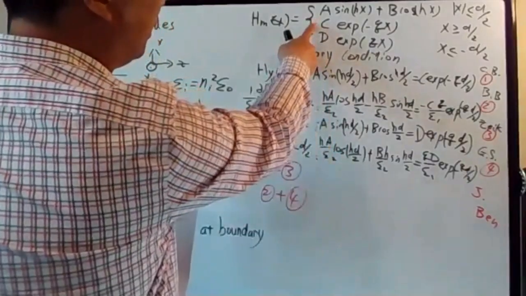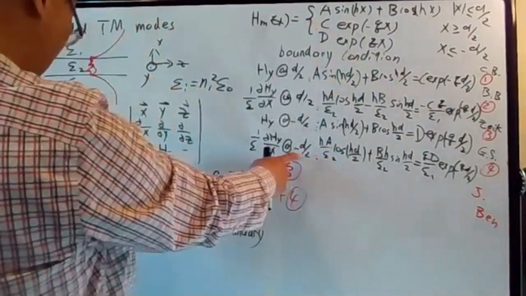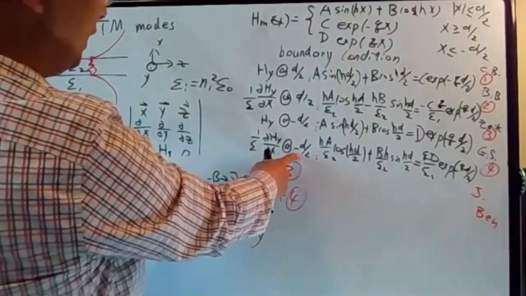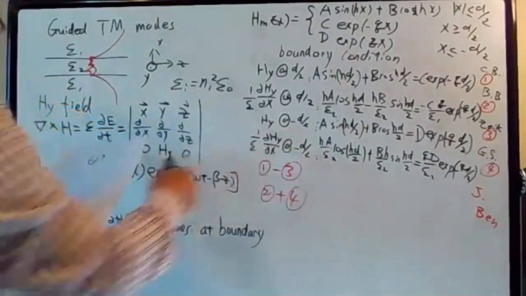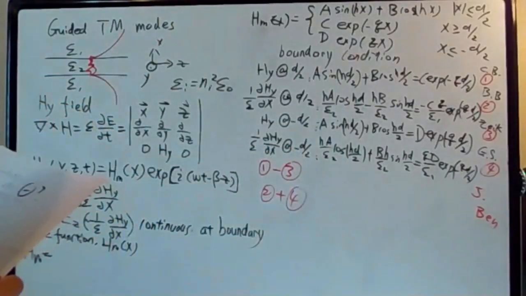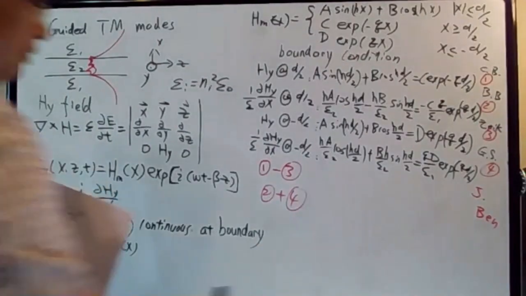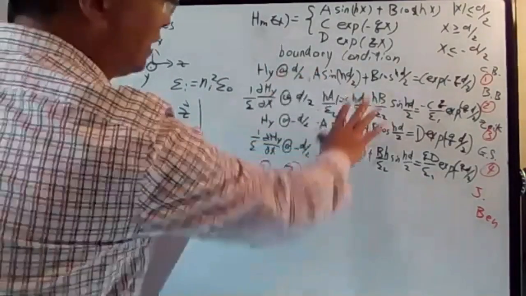It's the negative D, right? So meaning that we take a derivative. Yes, QD over epsilon 1 exponential negative QD over 2. That's good. I think those are the four equations.